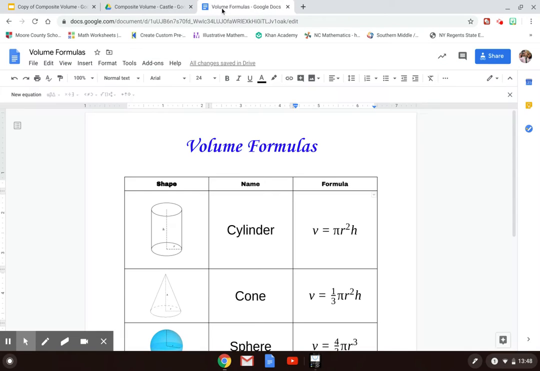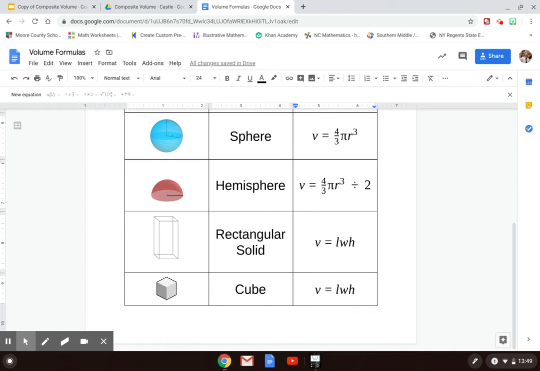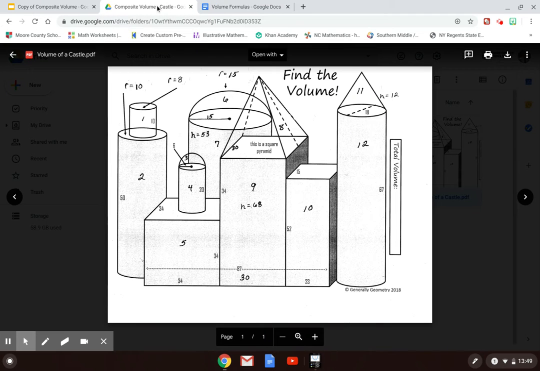And you'll also notice I attached along with this a sheet called volume formulas. So all the formulas that you learned last week, as well as 2 of them that you learned last year, the rectangular solid and the cube. And we've used these formulas earlier in the year, so you should be familiar with them. That's what you're going to use to find the total volume of this castle.